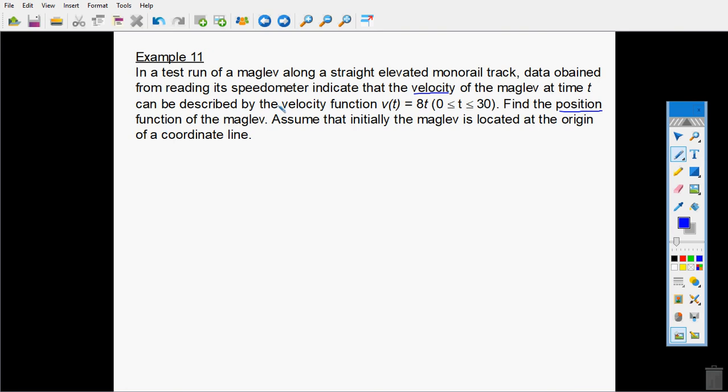So first we have to ask ourselves, what's the relationship between the velocity and the position? The velocity is the derivative of the position.